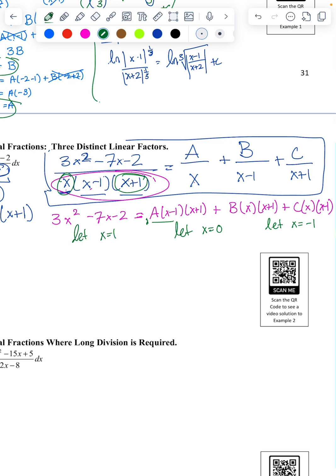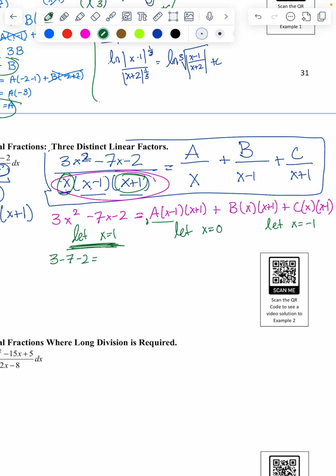Okay? So when we let x equal 1, we're going to plug in 1 everywhere for x. So this part should be 3 minus 7 minus 2 equals, when you let x equal 1, the a part does disappear.